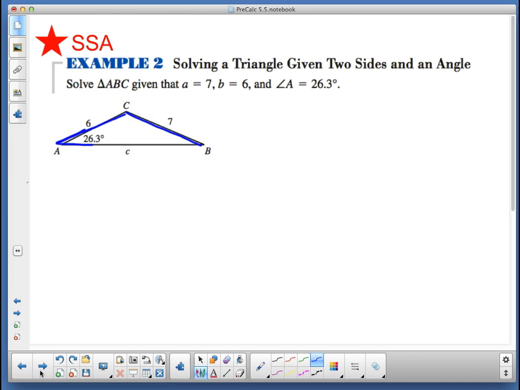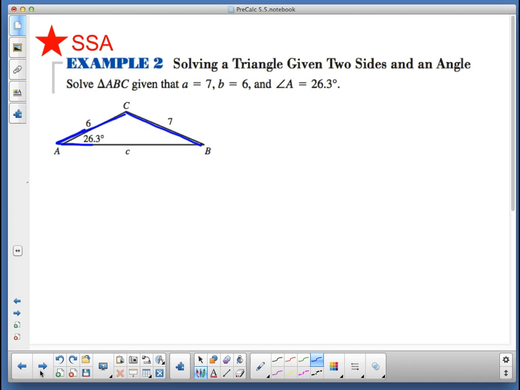Now, the 7 opposite the angle provided is bigger than A, okay? Because of that situation, I know I just have one triangle to deal with. Does that help with that? Because it's much larger. So now I'm going to use the information that I had, and I'm going to find the missing pieces. My missing pieces I must find are going to be angle C, side C, and angle B.